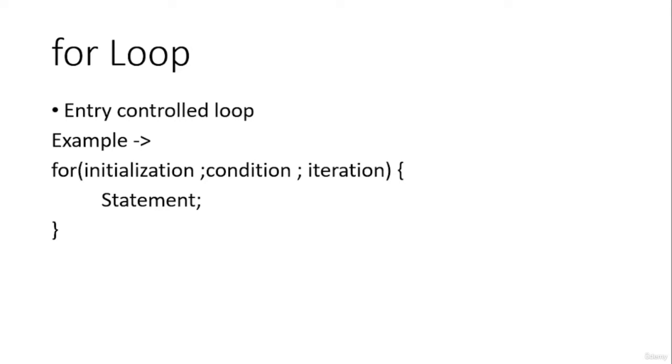The next part is the iteration section, in which we define how we want to iterate our loop, for example incrementation and decrementation operations. Following that, in the block of the for loop we declare the statements which we want to execute over the number of times. So this is it for the for loop.